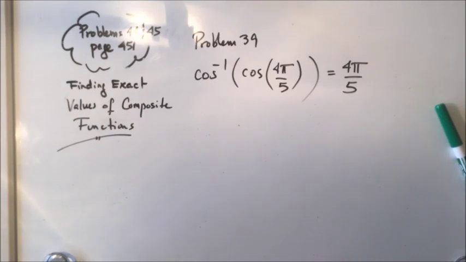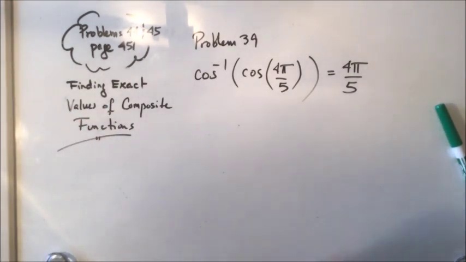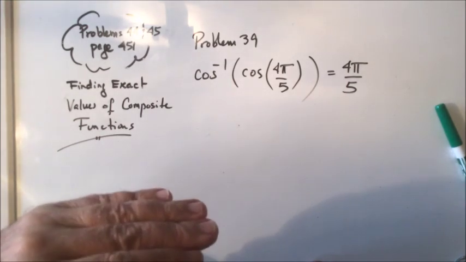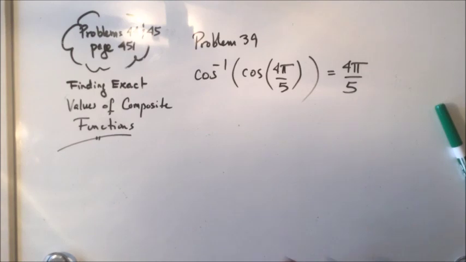And the difference is the following. When we studied inverses beforehand, the function that we found an inverse for was everywhere 1 to 1. Everywhere 1 to 1. And its inverse, likewise, was everywhere 1 to 1.